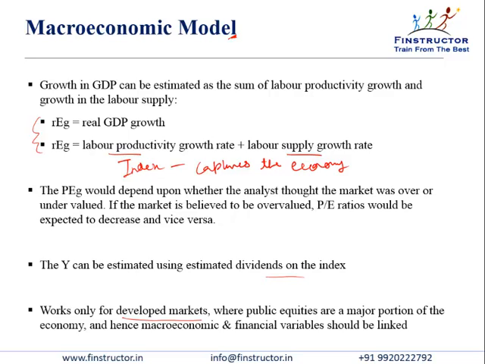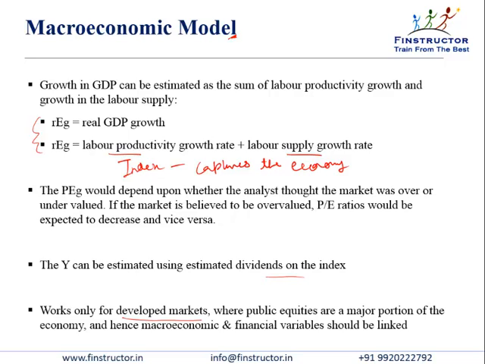In developed markets, generally all big companies will be listed. In developing markets, there may be many big companies that are not listed, or even if they are listed, they are a very small part of the index because there is no free float in those stocks. So in developing markets, the GDP growth can be very different from the earnings growth in the index, and hence this model will not be very good.